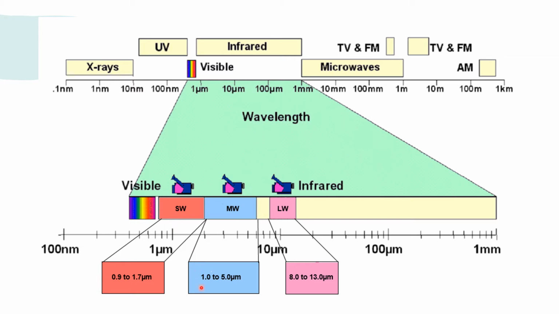In between 1.0 to 5.0 micrometer, medium wave is created, and in between 8.0 to 13.0, the long wave is created. So this is the picture for the variation of different types of wavelength.